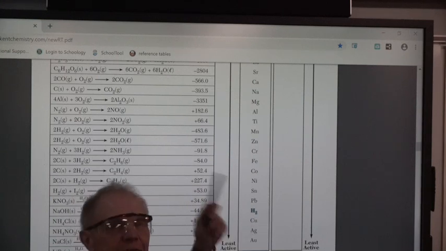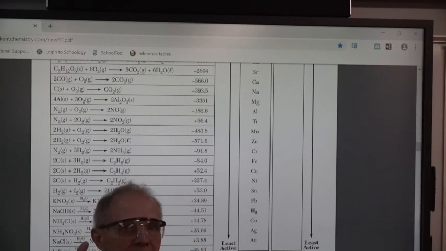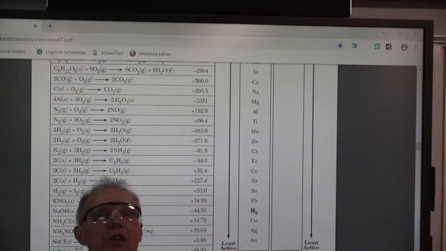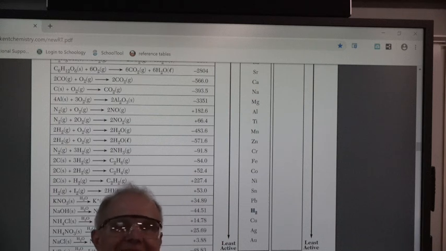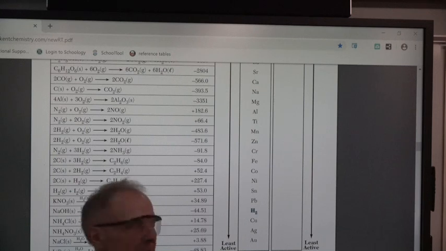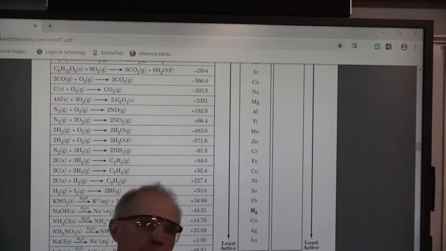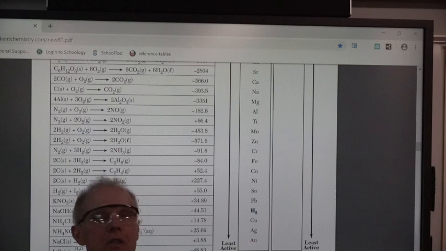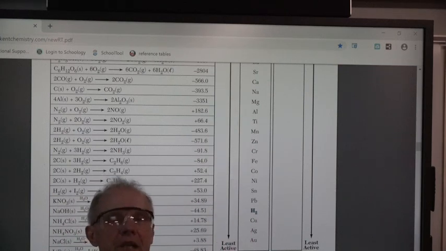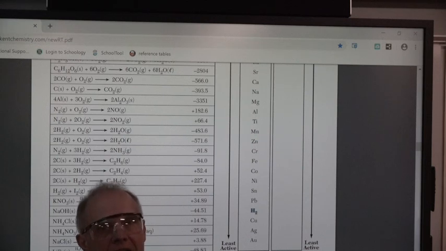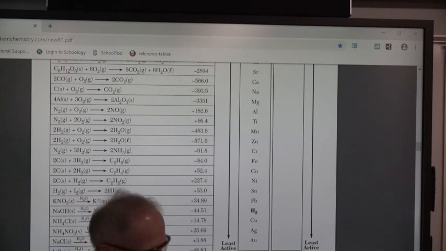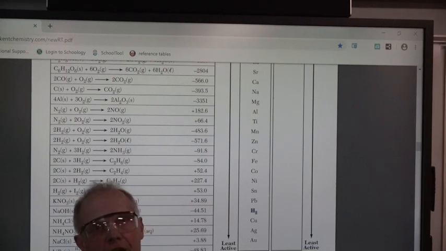Any metal that's below H2, and there's only 3, copper, silver, and gold, will not react with any acid. That's why they're so expensive. Copper, silver, and gold, you put acid on them, nothing happens. But all the other metals above hydrogen react and produce hydrogen gas. All right? So, just these 3, copper, silver, and gold, they don't work when you put acid on them.